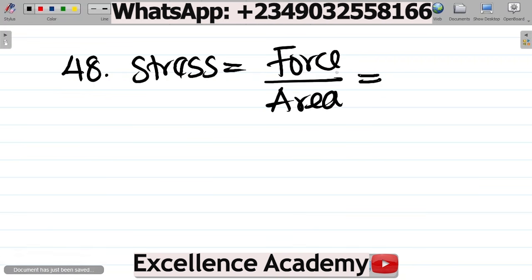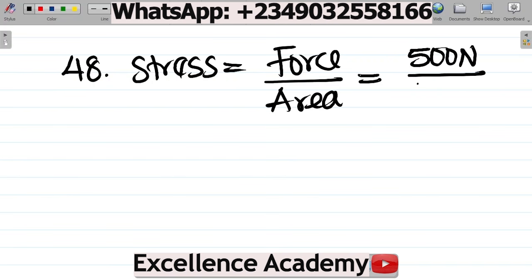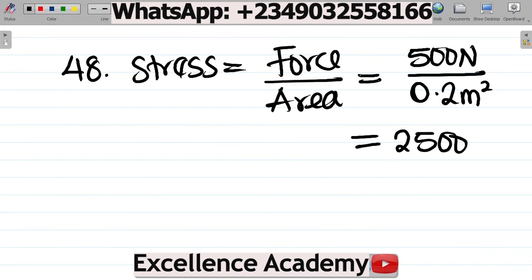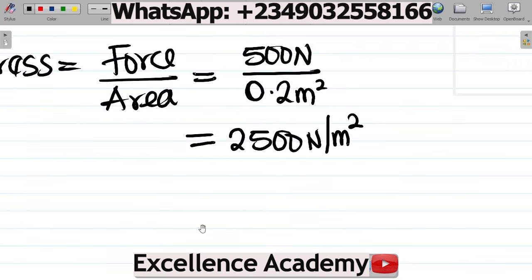From the question there, the value of the force is 500 Newton. So 500 Newton all over. The area is 0.2. That should be meter squared. So 500 divided by 0.2. I'll get my calculator and punch 500 divided by 0.2. That gives you 2,500. 2,500 Newton per meter squared. Put this in index form.